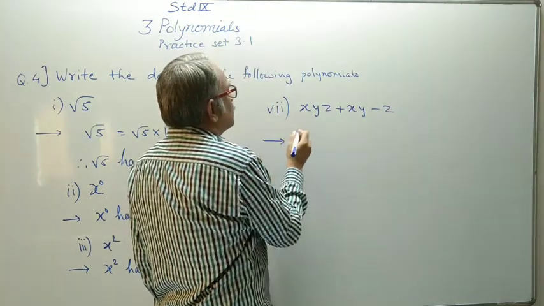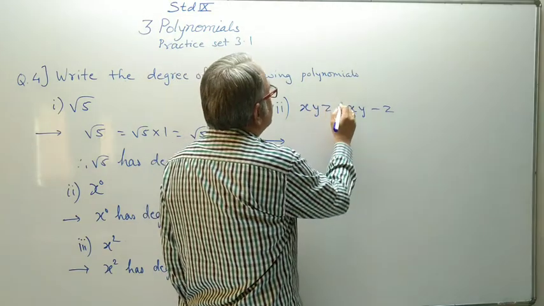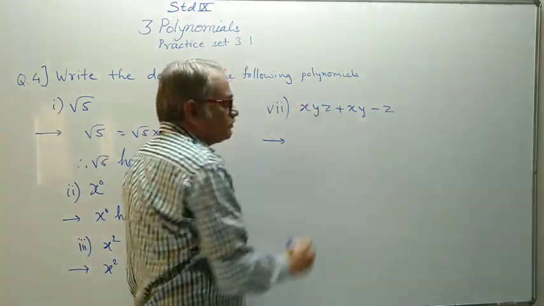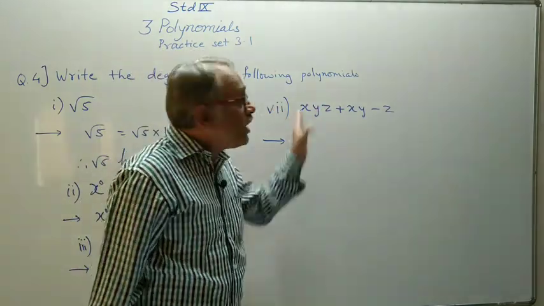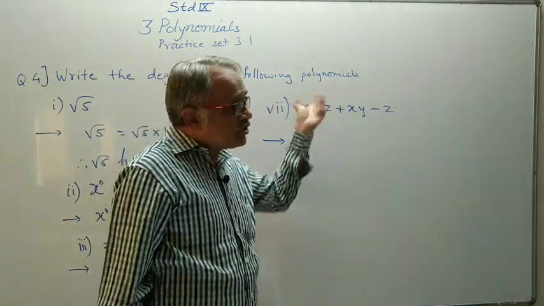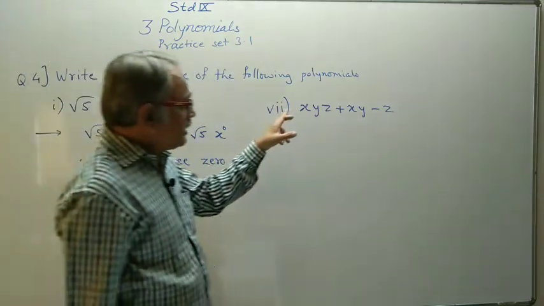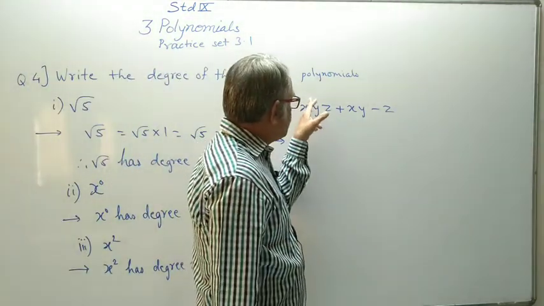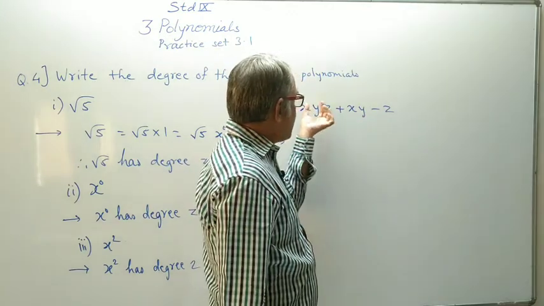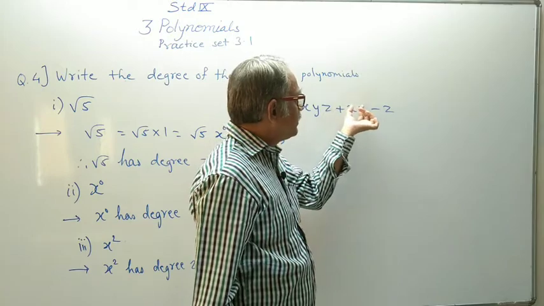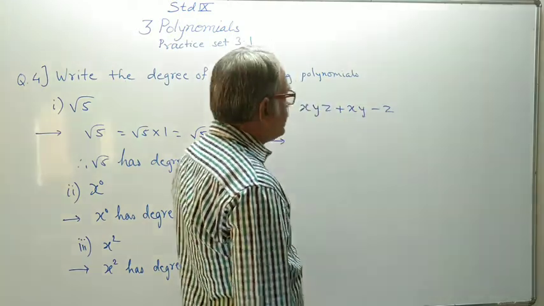Now here the index of x is 1, y is 1, z is 1, but this together is only one term. So when there is a product of the variables, we have to add the indices, and consider the total as one index. So what is the index of this term? 1 plus 1 plus 1, 3. This term, 1 plus 1, 2. So this has index 2, this has index 3, index 2, index 1. So the maximum index is 3, so the degree is 3.